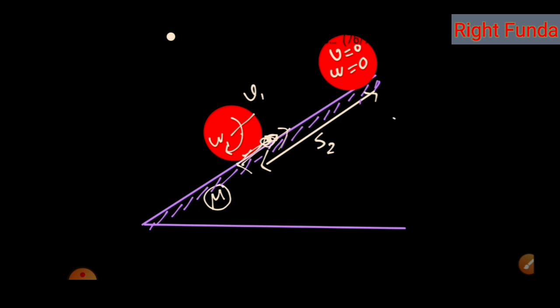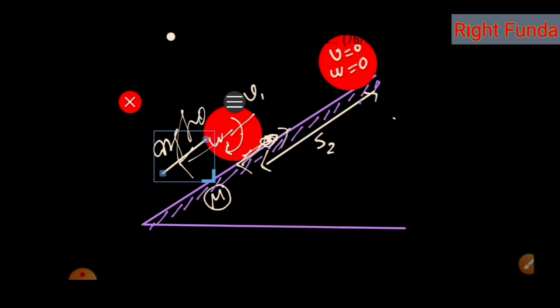So from here to here, I want to apply the work energy theorem. The only force doing work is the gravitational force, mg sine theta, which does work of minus mg sine theta into s2.